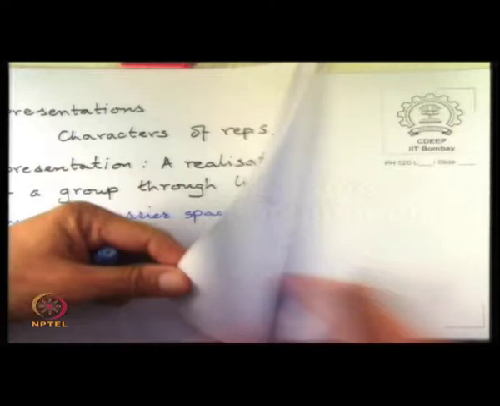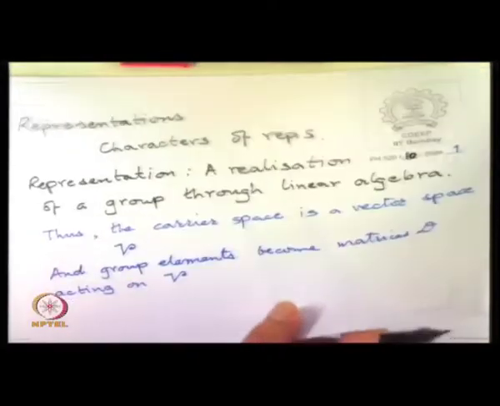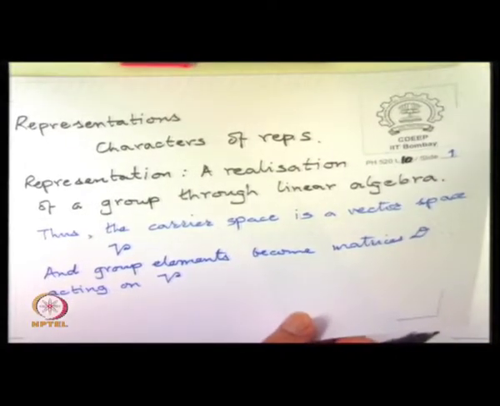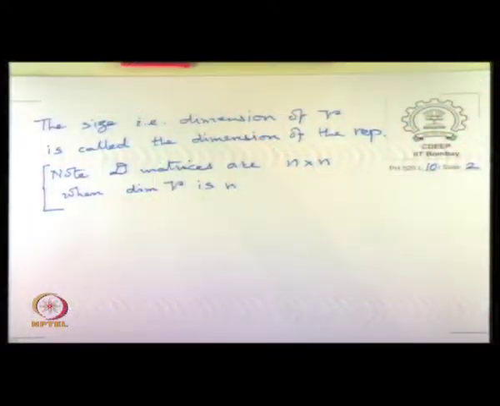So the same group you can represent on vector spaces of different sizes. The size or dimension of V in the usual vector space sense, that is, one way of saying it is the number of basis elements required to represent the vector space, to represent all the vectors. So the dimension of V is called the dimension of the representation. This is a little important.